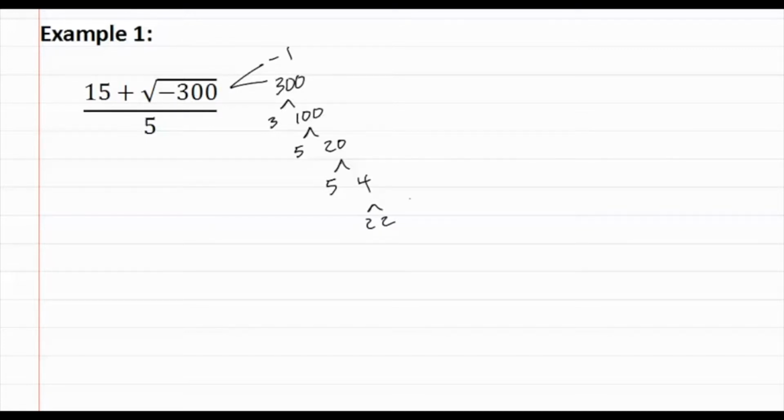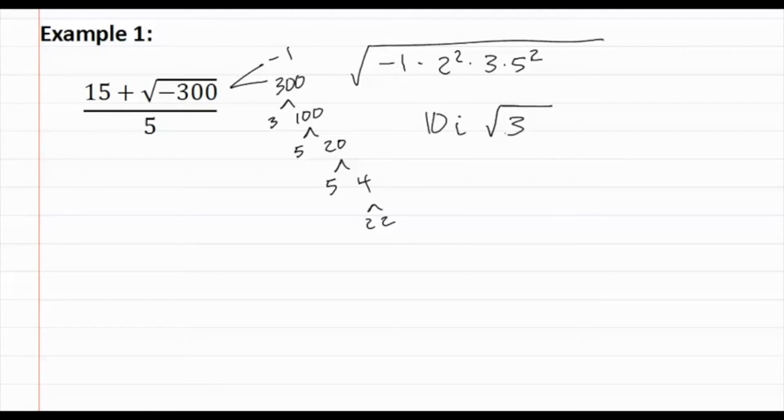So essentially, -300 can actually be written as -1, 2 squared, 3, 5 squared. And when we take the square root of this, we get 2 times 5 on the outside, or 10i, with a 3 on the inside. Let's put this back in the problem.